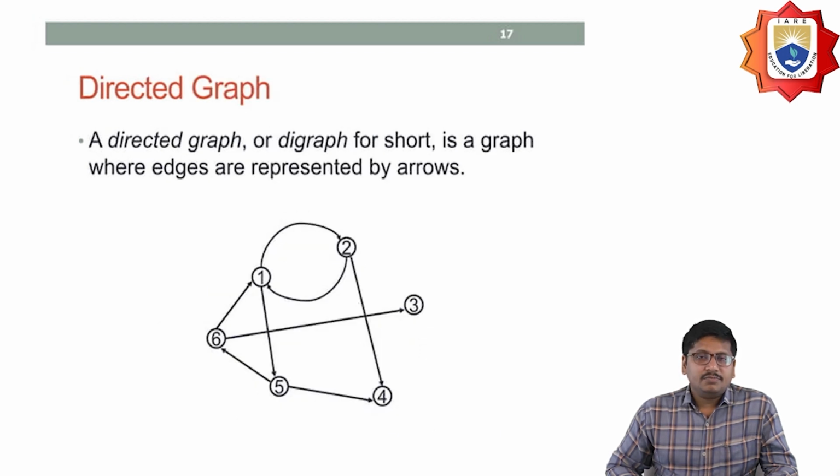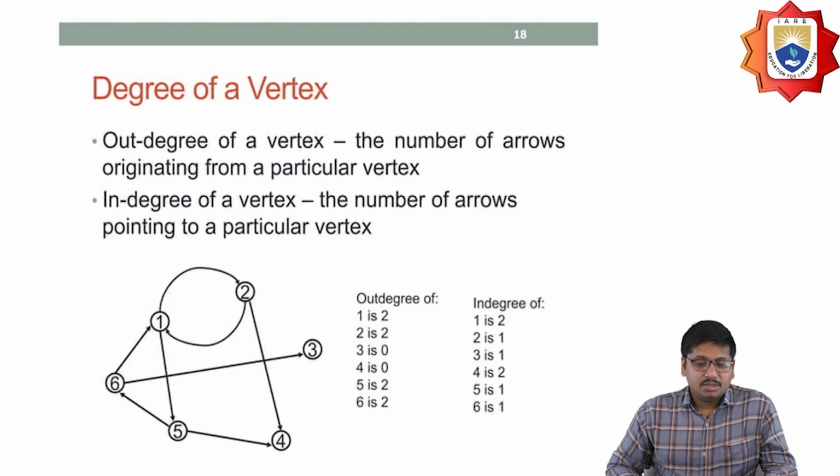And then the directed graph. A directed graph is a digraph where the edges are represented by arrows. And there are two types of degrees of vertices, in-degree and out-degree.